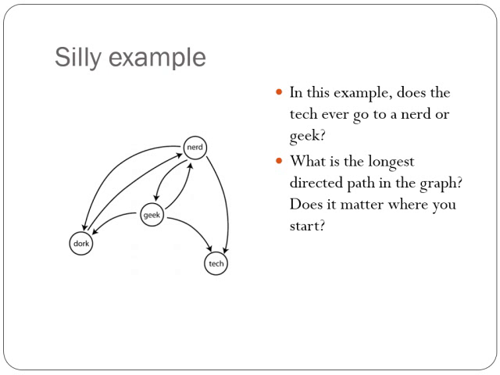If you're a geek, you could be a tech. But there are no directed edges from tech back to nerd, geek, or dork. The implication being that if you're a tech, that does not imply you're a dork or a geek or a nerd. Seems to me this was probably a digraph created by a tech. What do you think?